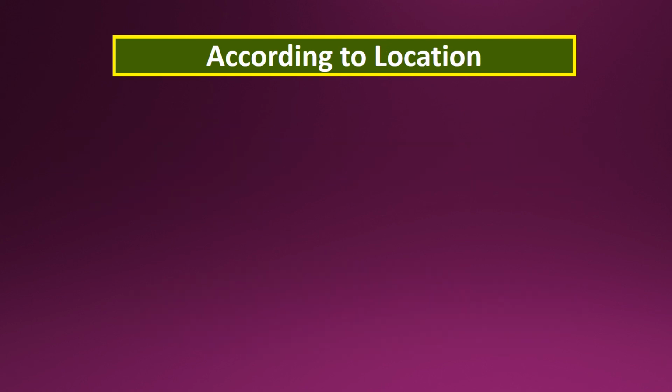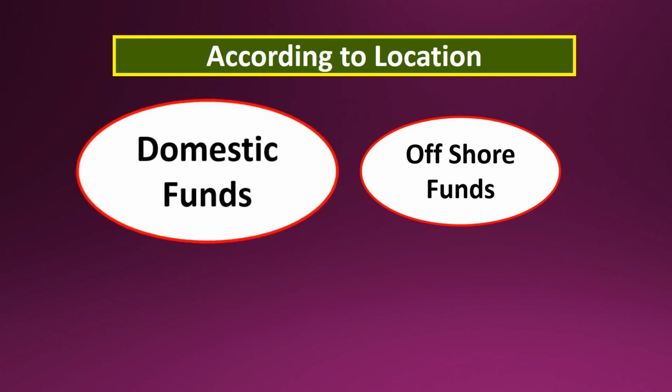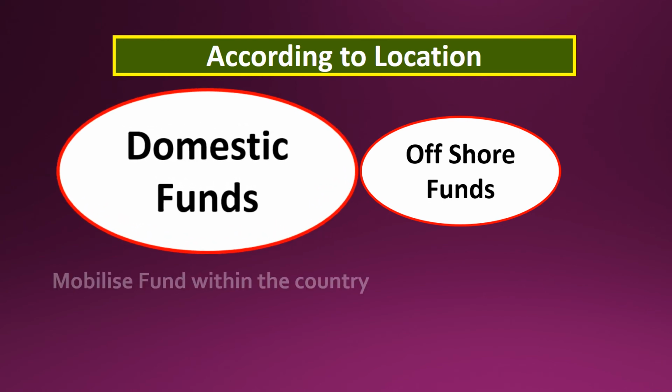And then, according to the location, mutual funds can be classified into domestic funds and offshore funds. First of all, let us see what a domestic fund is. These are the funds that mobilize savings of people within the country where the investment is made.